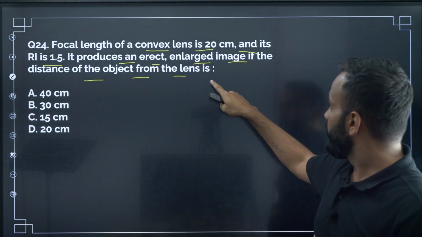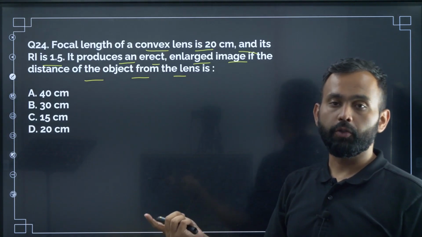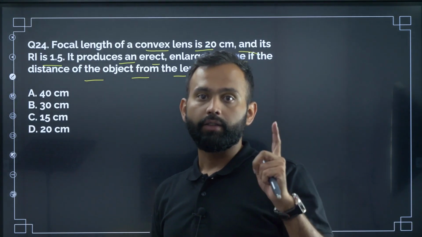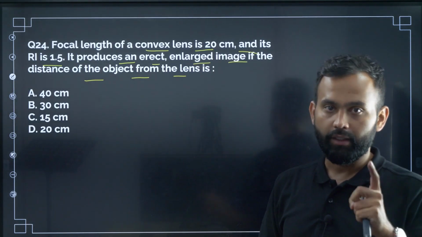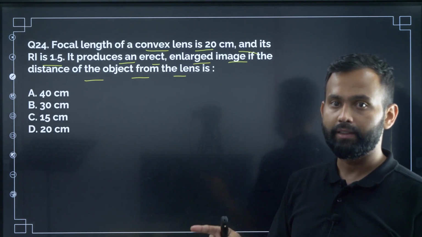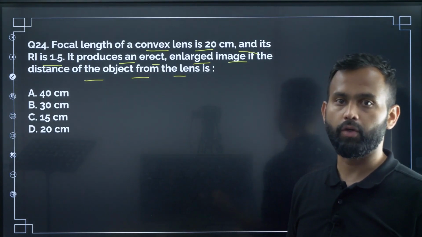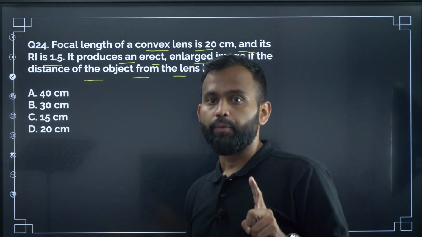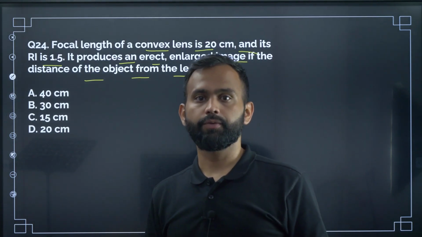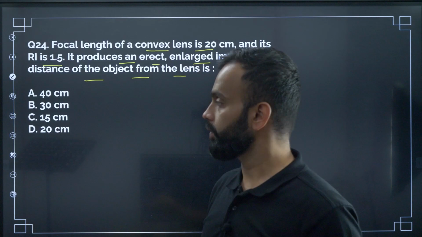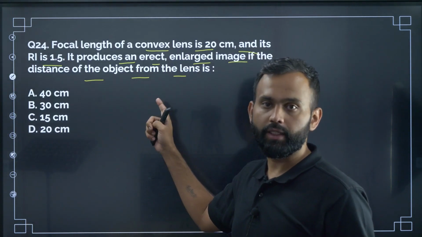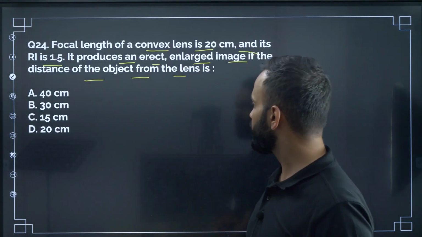When the object is placed between the focal point and the optical center of the convex lens, it produces a virtual image that is erect and enlarged.